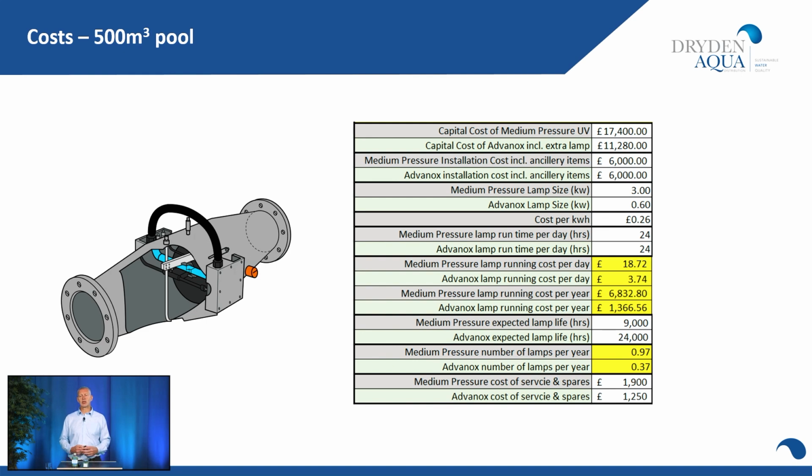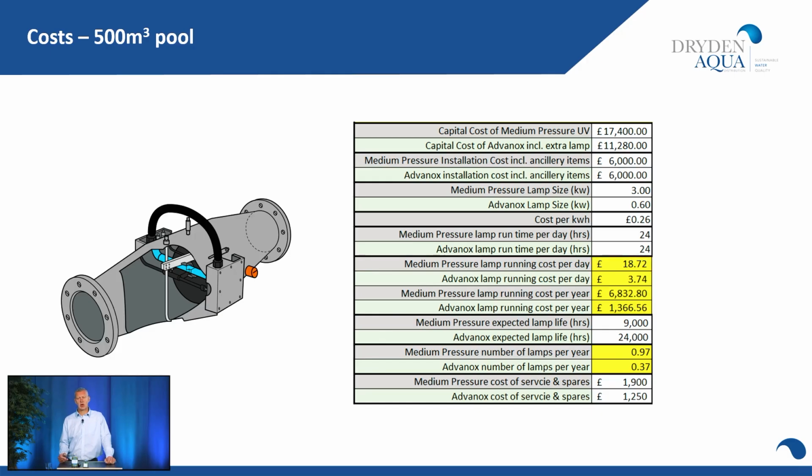Typical commercial cost for a commercial site per kilowatt hour for the electric is about 26 pence per kilowatt hour. And if these systems are running for 24 hours a day, the cost of running such a system per day is £18.72 for the medium pressure UV compared to just £3.74 for the Advanox.